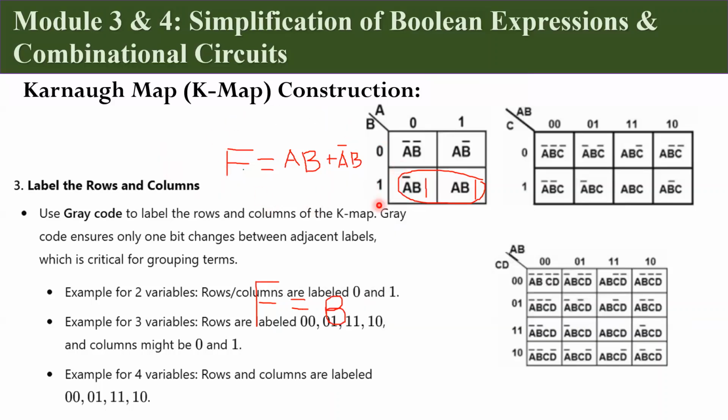This is the function you want to minimize. In trying to minimize this function, we need to plot the Karnaugh map. It's 2 inputs, just A and B, and we already know the format of a 2 input Karnaugh map. We need to begin to fix the min terms into the map. In the function, do we have A bar, B bar? The answer is no. So there won't be anything there.